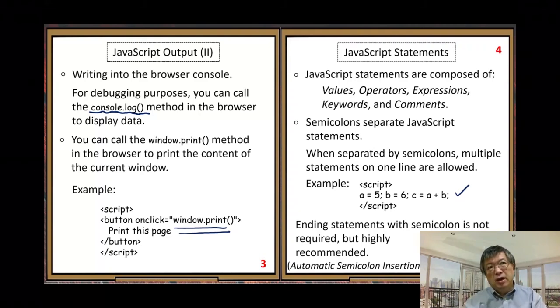Although some programmers like to take advantage of that feature, try to avoid that for readability, for other programmers to understand your code well. For that purpose, you should not skip semicolons.